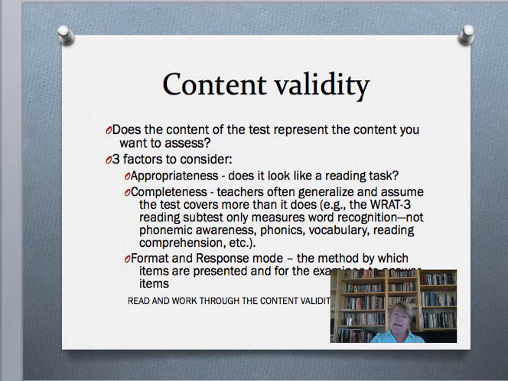So again, content is something that you probably know more about than even the test makers do, because you understand what kind of information is presented in the work that you do, how it's presented, what it looks like, and whether or not the students you work with would be able to respond to that format.